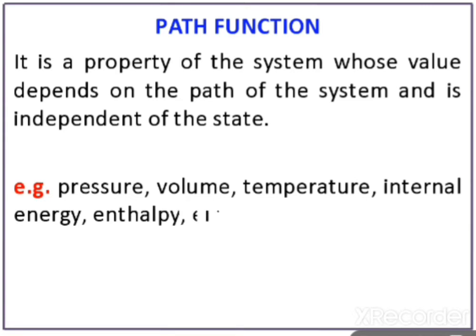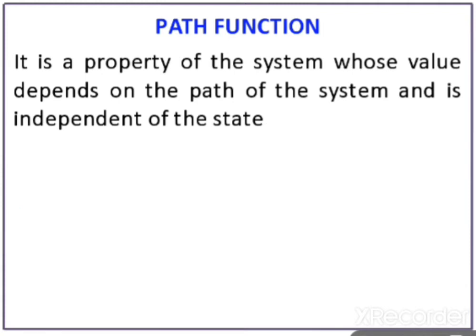Path functions are the properties that depend on the path, not on the state. For example, work depends on the path. Work doesn't depend on the initial state and final state, it depends on the path. So work is a path function.